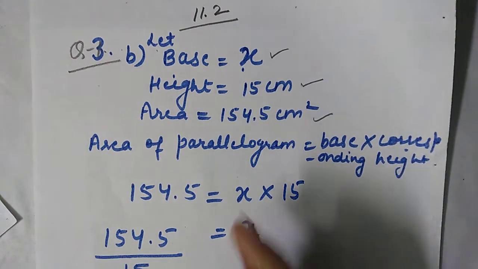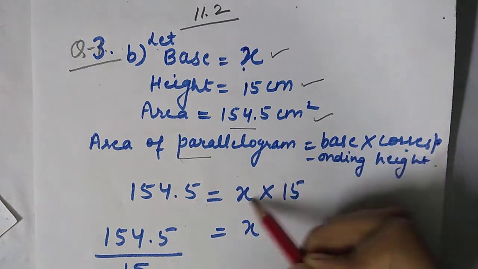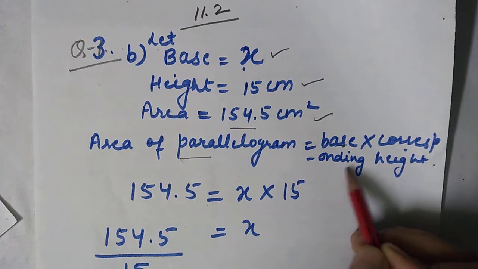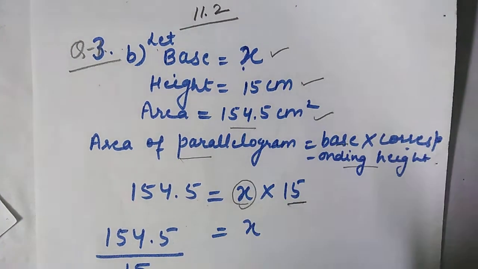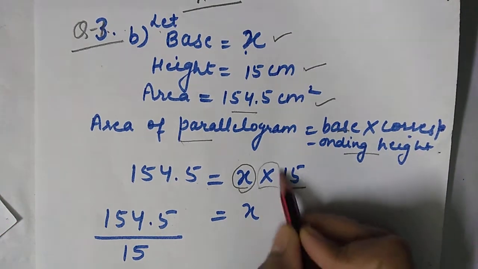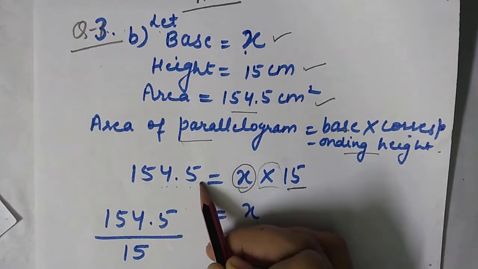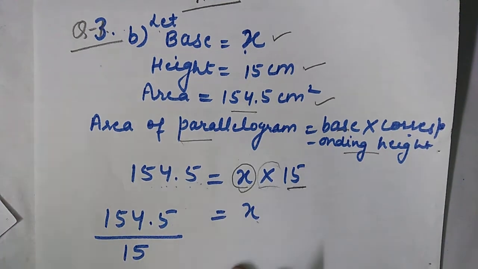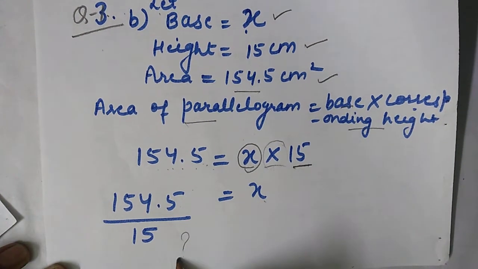Okay, so area of parallelogram we have 154.5, base is x we have supposed, and height is given to be 15, and we have to find x, that is the base. So how you will find x? As this 15 is in multiplication with x, so x will be 154.5 divided by 15. Okay, rest the calculation I am leaving for you. You can solve it and you will get the value of x, that is base.